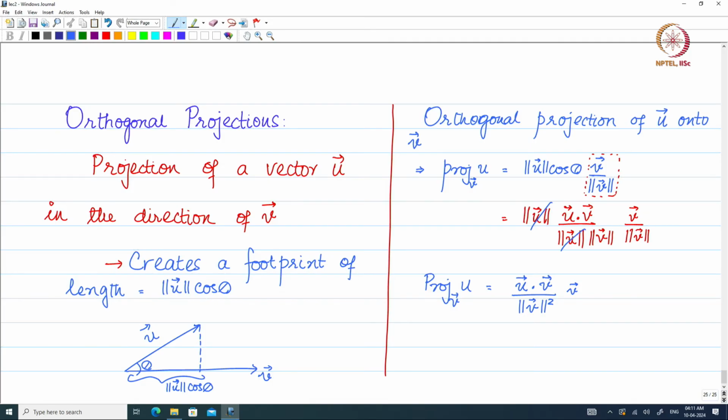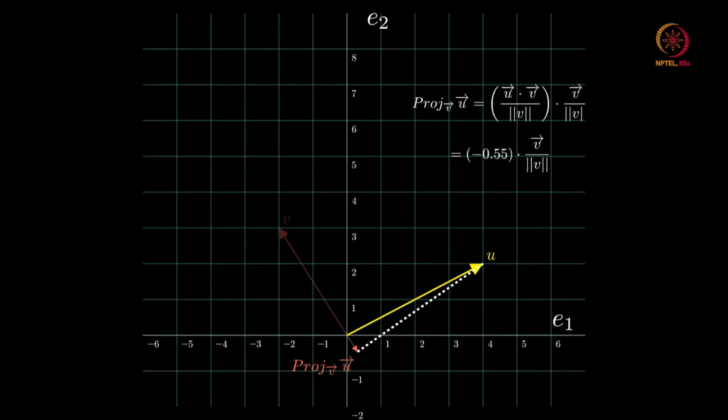Is that okay? In fact, we will see at a later point of time that the projection of u onto v is basically the best approximation of u that you can get along the direction of v. Is that okay? So, that is what your orthogonal projection is, and we already said that this is going to be u cos theta.